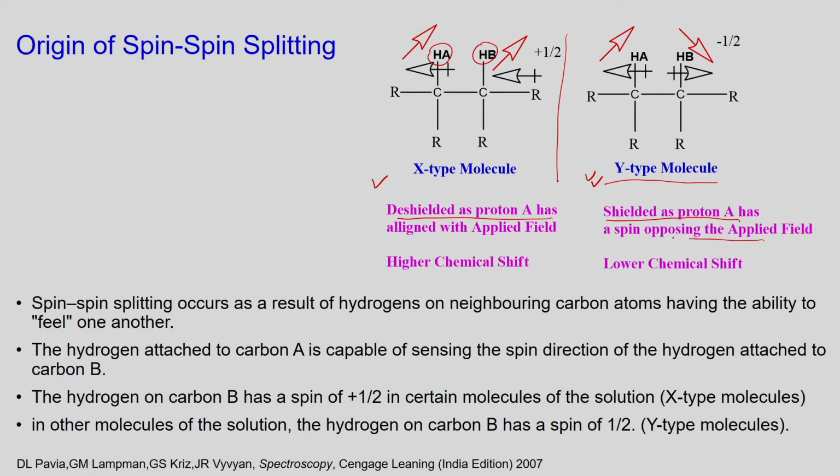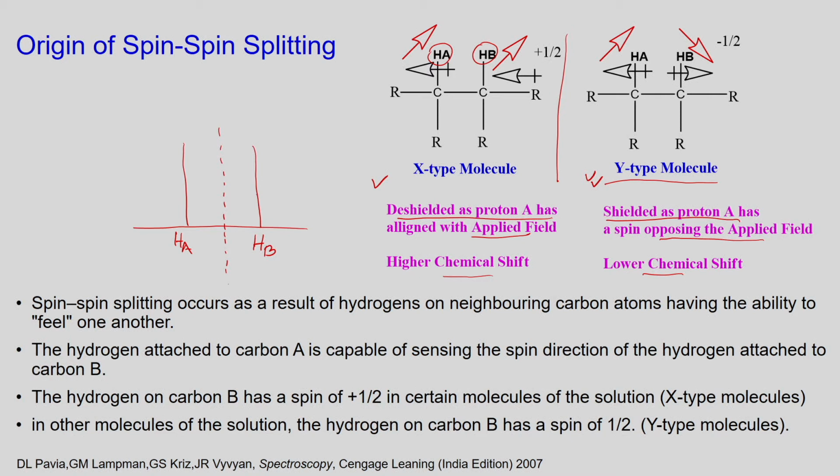So, higher chemical shift, lower chemical shift. If you draw this type of spectra, you will have 2 different peaks, and if I draw a central dotted line, then if both the nuclei are equivalent, it will lie here. Since they are not equivalent, this one will relate to HA and this one will relate to HB. This is what it means.